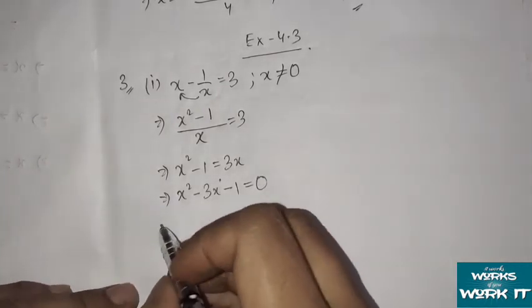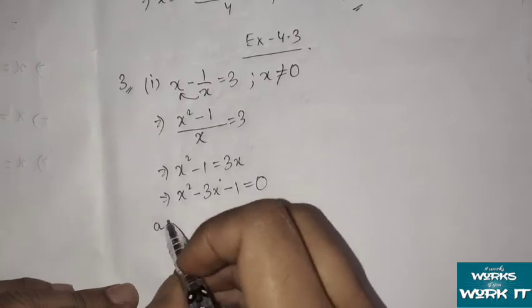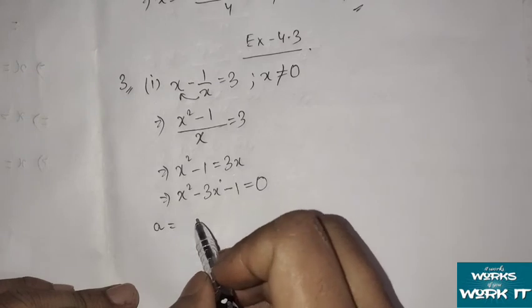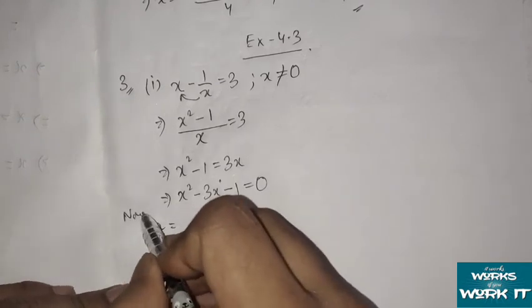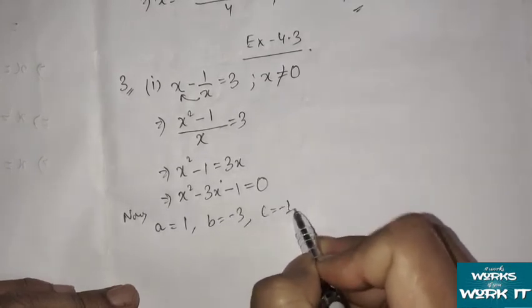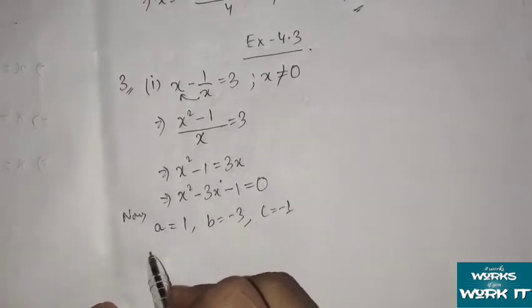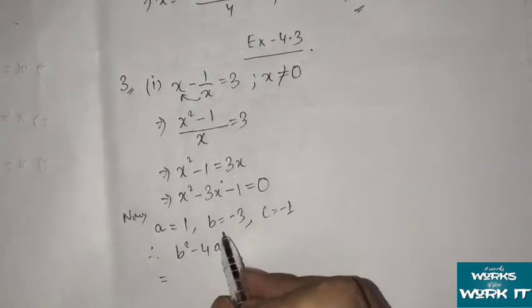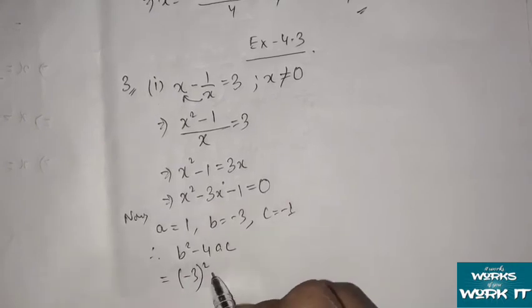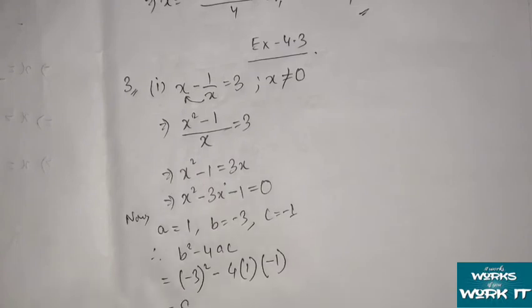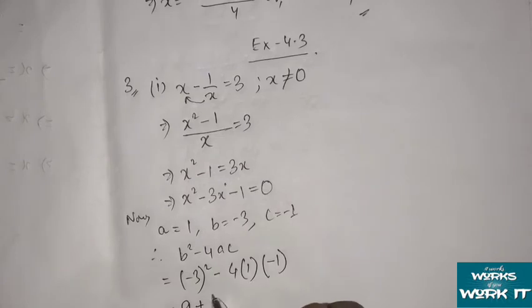Okay, now from here we will see whether the equation has roots or not, or the nature of the roots. A is 1, b is minus 3 and c is minus 1. Okay, so let's use b square minus 4ac, the discriminant. So b is how much? Minus 3 whole square. a is 1 and c is minus 1, equal to 9 minus becomes plus 4.